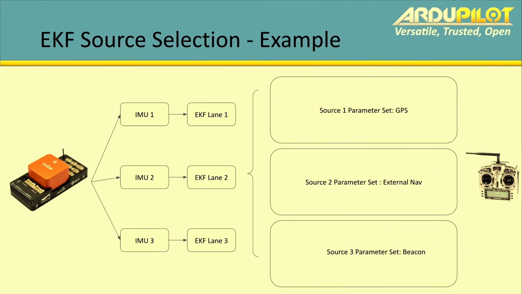And you have the source 1 parameter that's possibly a GPS, source 2 parameter possibly set to using external navigation, source 3 parameter possibly set to maybe an external beacon system, and you have a transmitter there, and you can control your setup so that all the 3 lanes are using one of these 3 sources, right? And you can switch manually between them. But the important thing to note is that all 3 EKFs are using the exact same set of sensors.